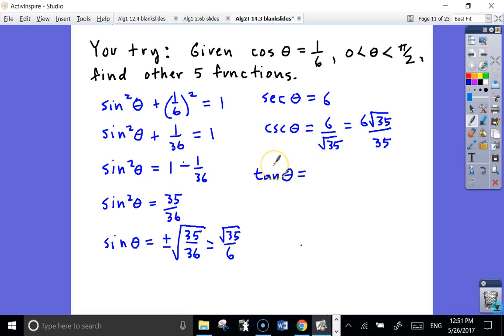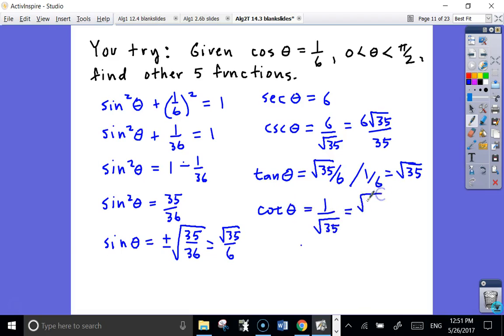So the sine was the square root of 35 over 6 divided by 1/6. So that's the square root of 35. And the cotangent should be the flip of that, which will be 1 over the square root of 35, which is the square root of 35 over 35.